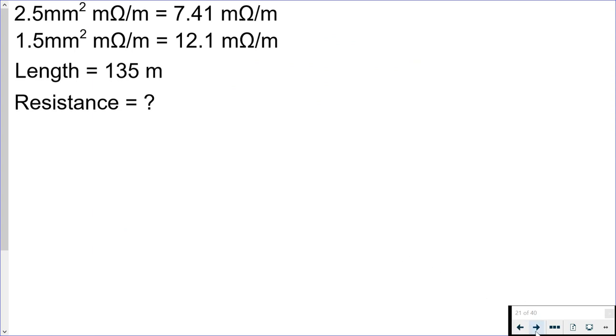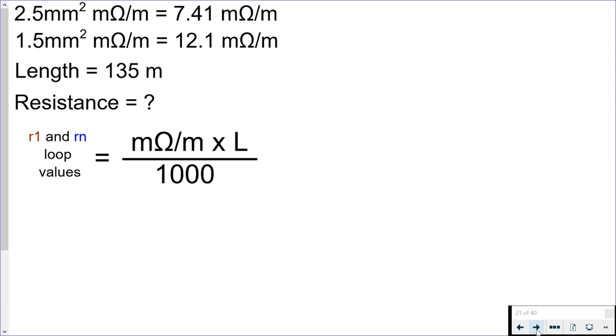So utilising this 7.41, we have to calculate our little r1 and our little rn loop values. Because these two cables are the same size, we just need to do one calculation. And when we measure our loops, we can confirm whether or not our measured value is accurate in accordance with our calculation and the loop length.